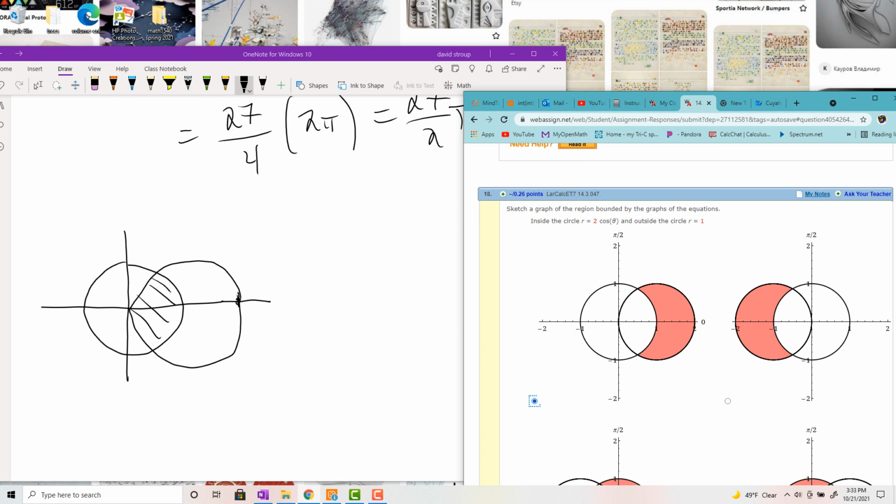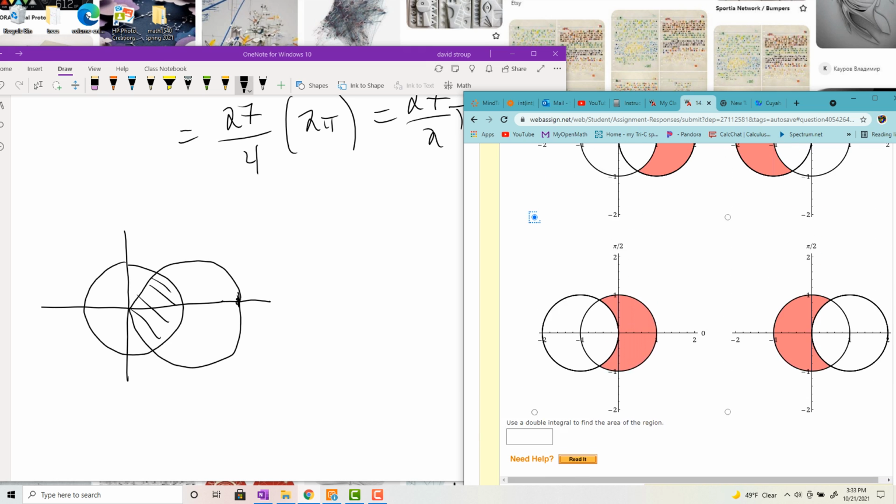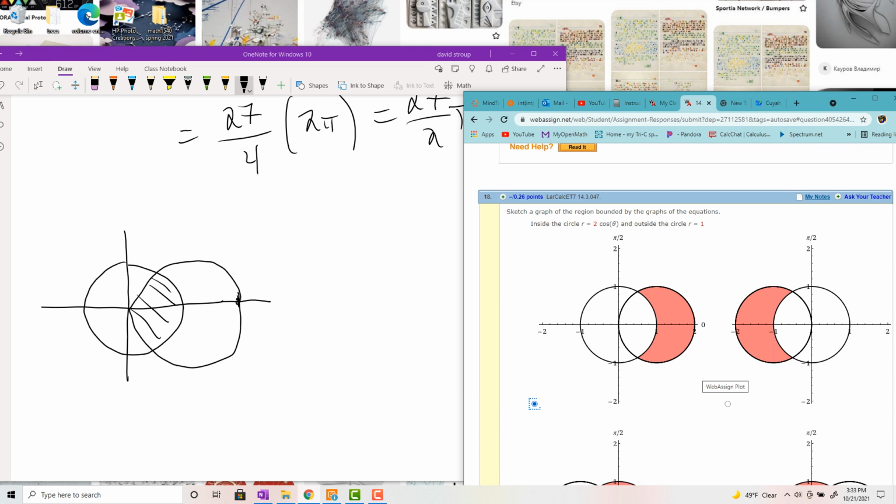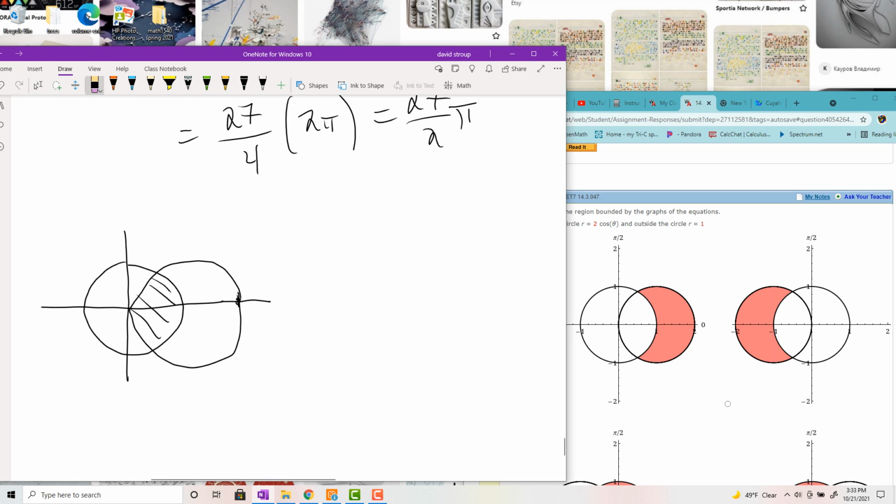Okay, so it says inside the circle r equals 2, and outside the circle r equals 1. Okay, so the eraser button was on, and I just erased everything.